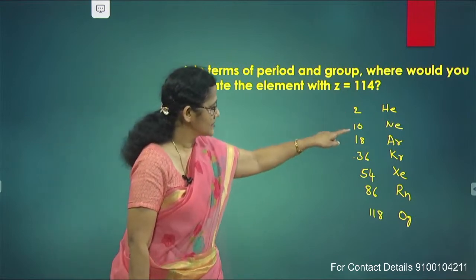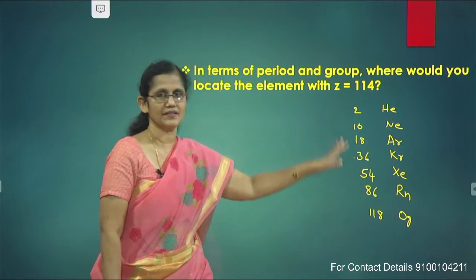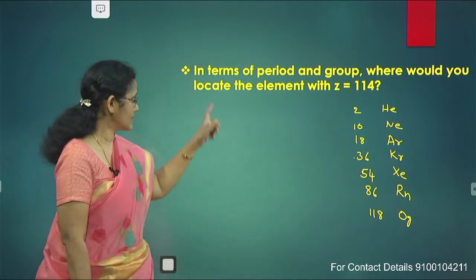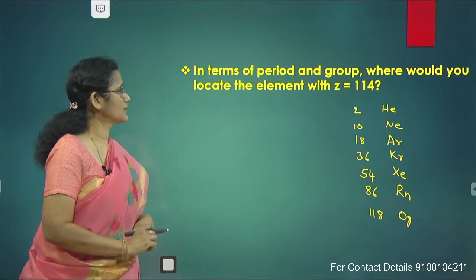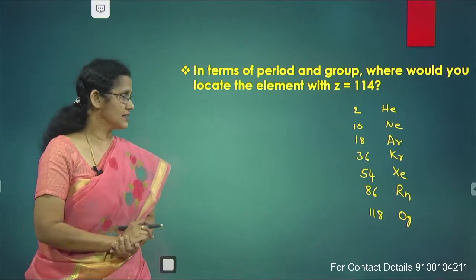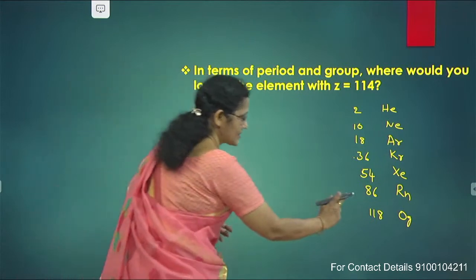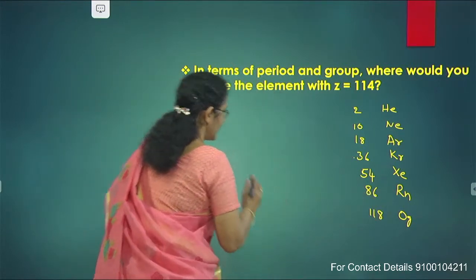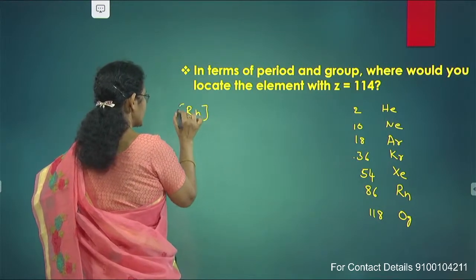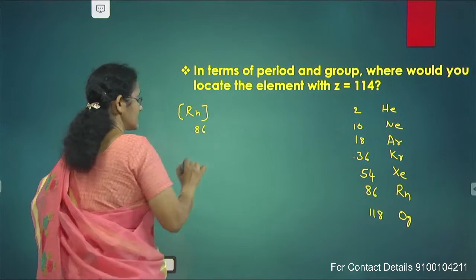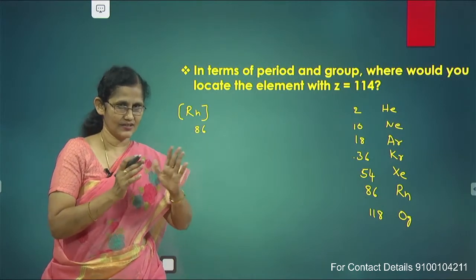First period, second, third, fourth, fifth, sixth, seventh period. Now, see the question: in terms of period and group, where would you locate the element with Z equal to 114? See here, 86 is radon. I am taking a radon core, meaning 86 electrons are in the inner shells. Core means inner shells.